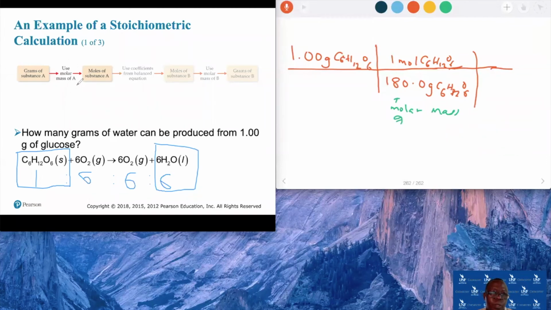You see on the PowerPoint slide, we are using the molar mass of glucose.